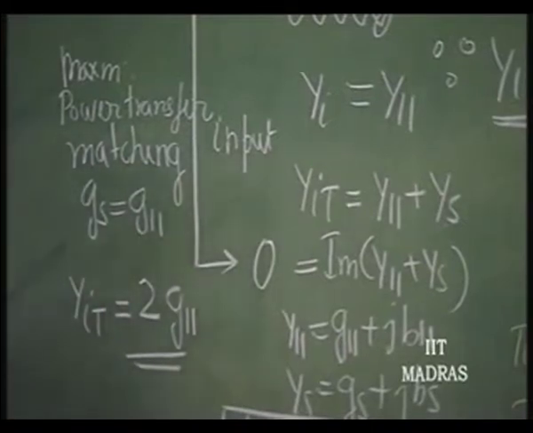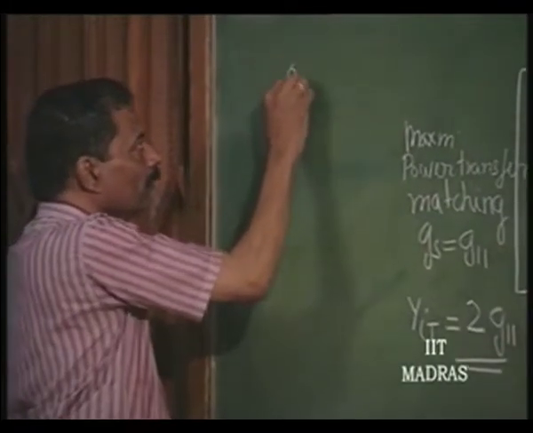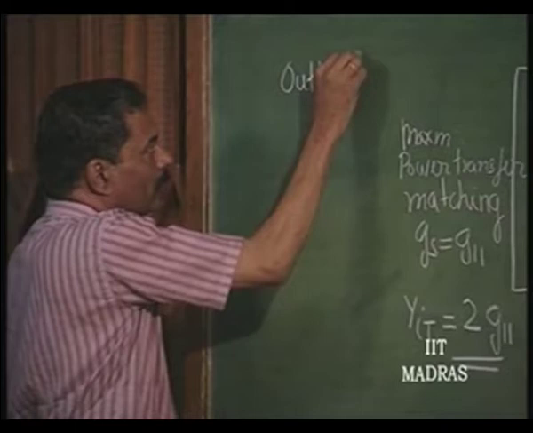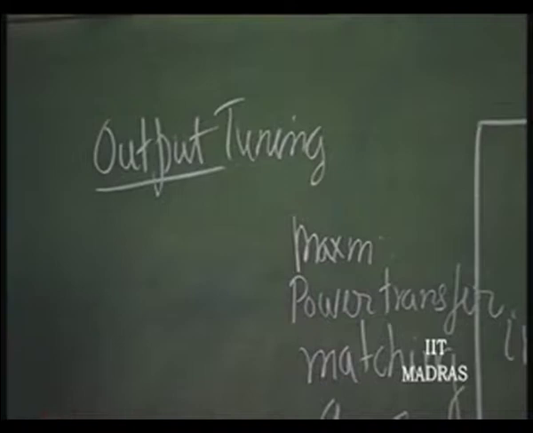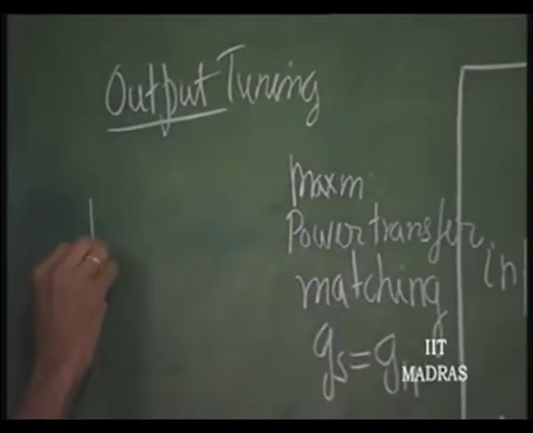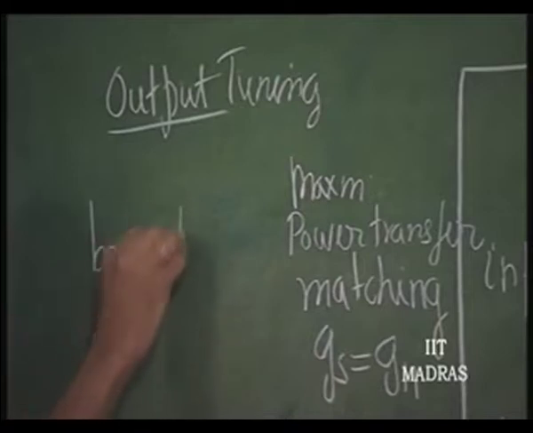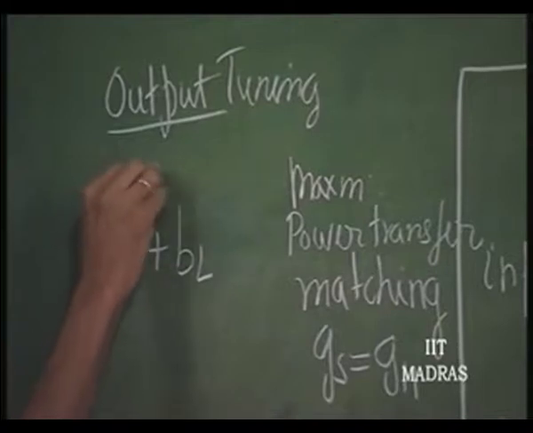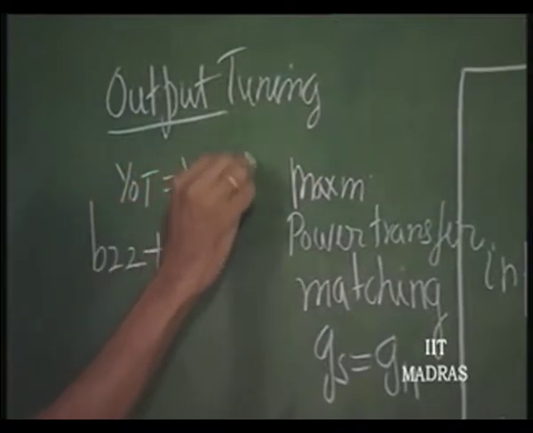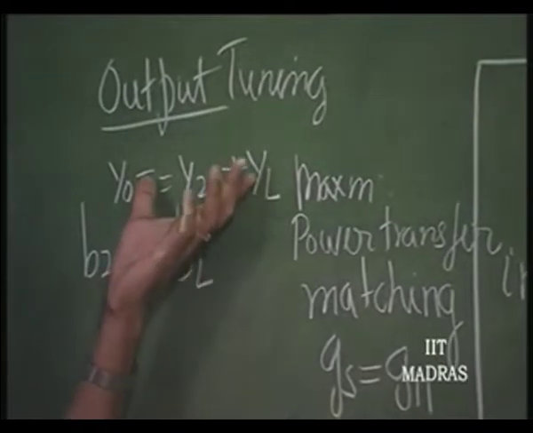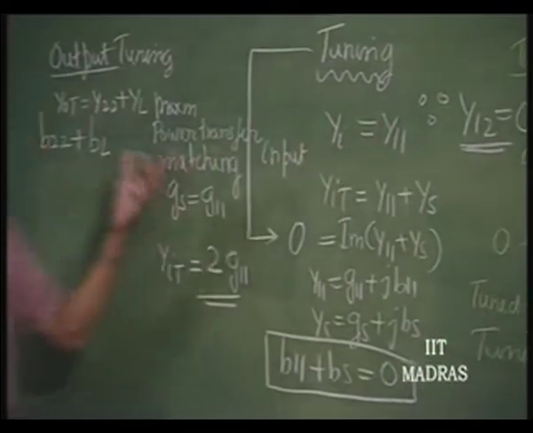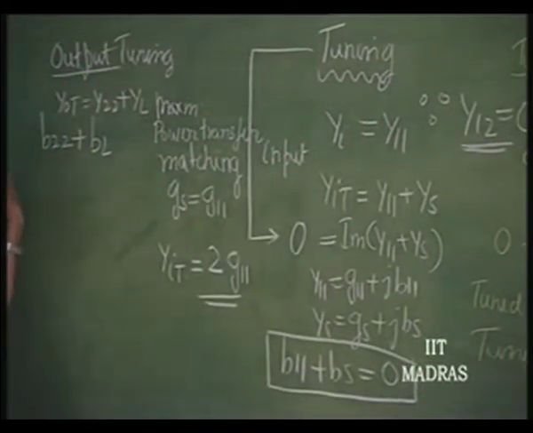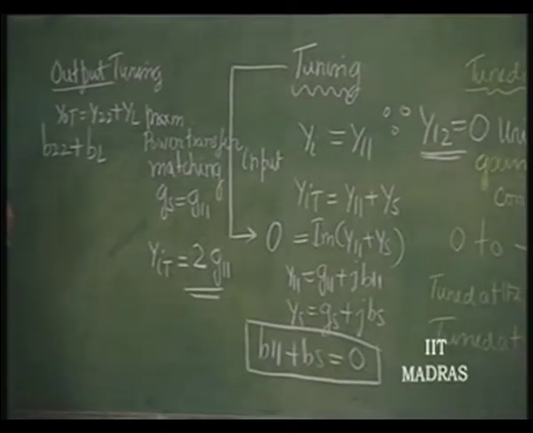Similarly, tuning at the output is to make B22 plus, let us call this BL, load, because Y naught total is Y22 plus YL, total admittance at the load end, because again Y12 is 0, otherwise it would have been affected by the input admittances.